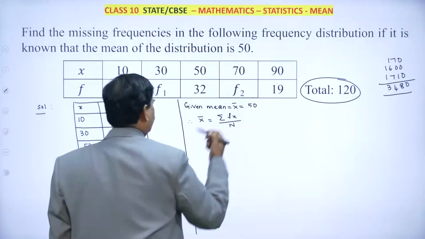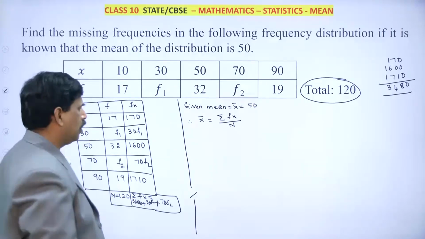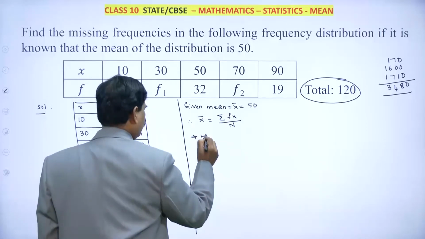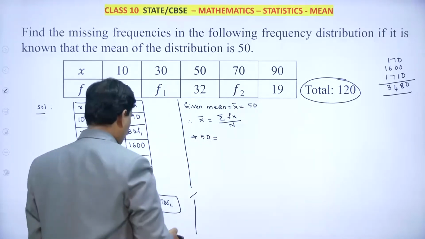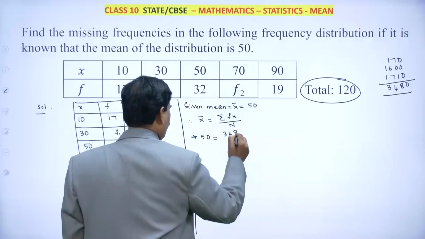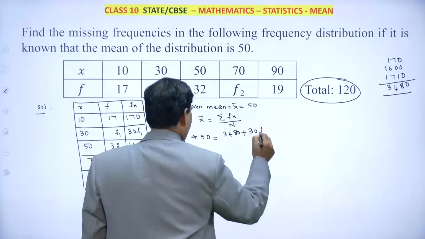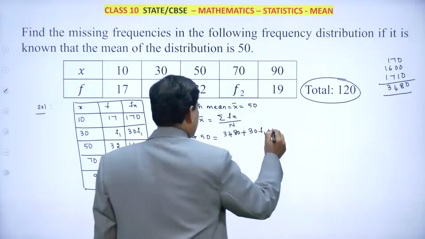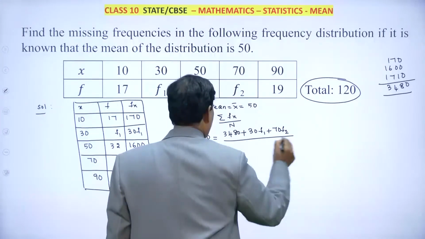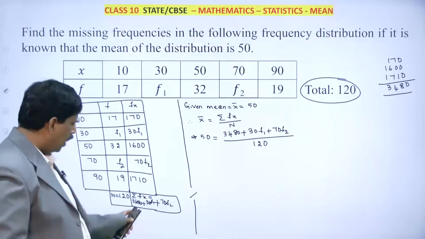Mean is equal to sigma fx by n. So now this is 50, which is equal to, how much is sigma fx, children? We got it, 3480 plus 30 f1 plus 70 f2 by 120. Okay, n value is 120.